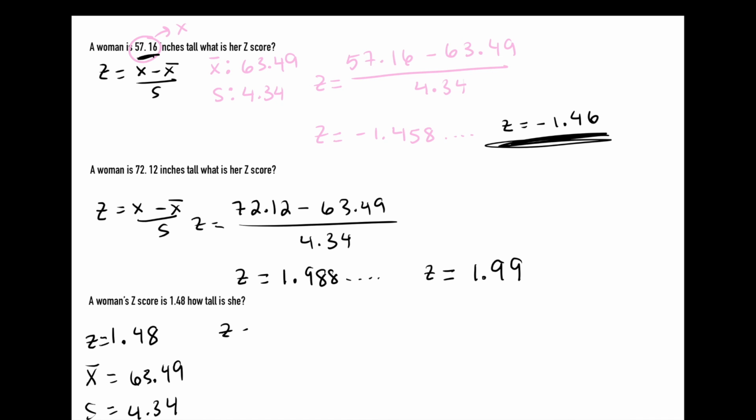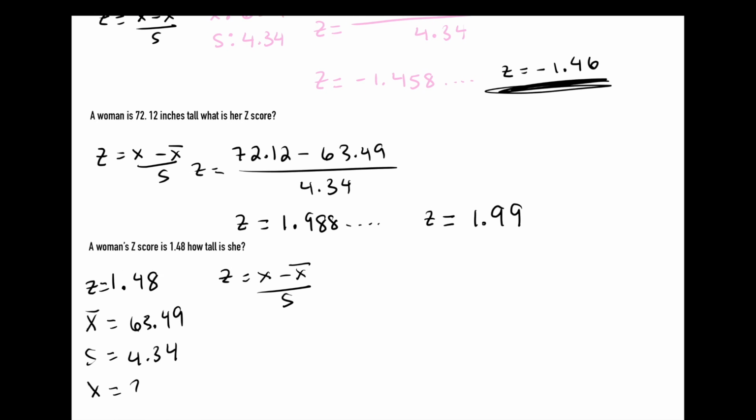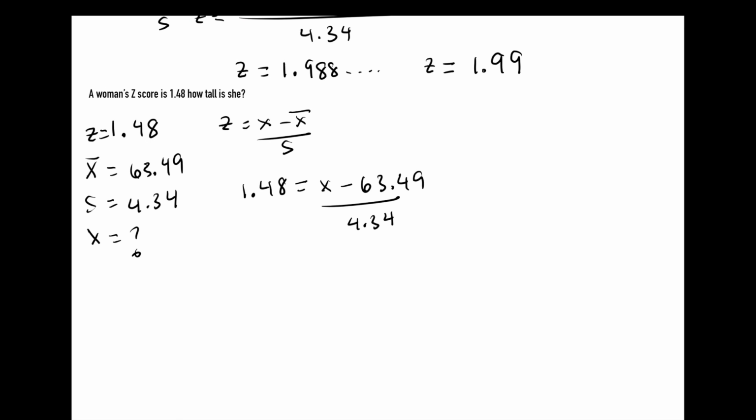So using our Z-score formula, I just want to plug all of the information in, keeping in mind that X is what I don't know and what I'm solving for. So 1.48 equals X minus 63.49 divided by 4.34. If you're watching this, you have some background in algebra.